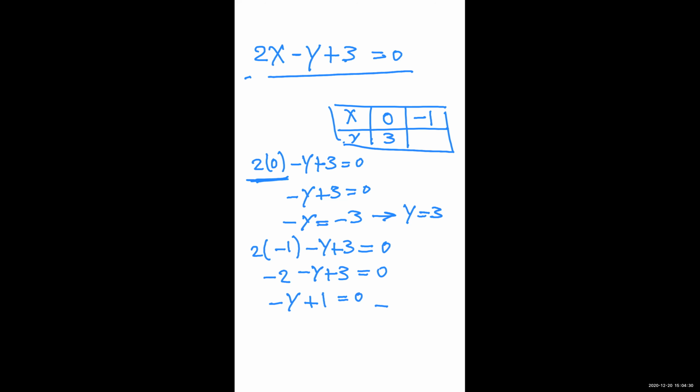So negative y equals negative 1. So y equals 1. So now if x equals negative 1, y equals 1, like this. Okay? How to represent these points on the xy plane?